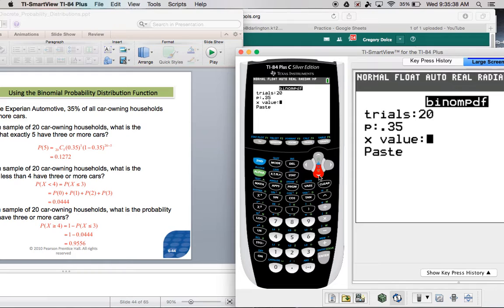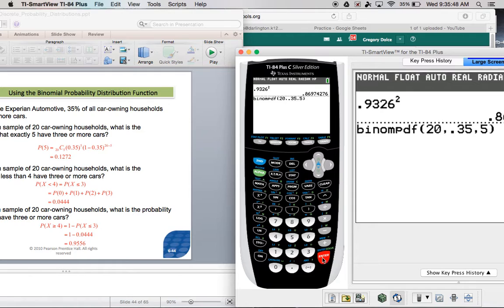X value, 5, exactly 5. Enter. And there it is, 0.1272. So once again, let the calculator help.